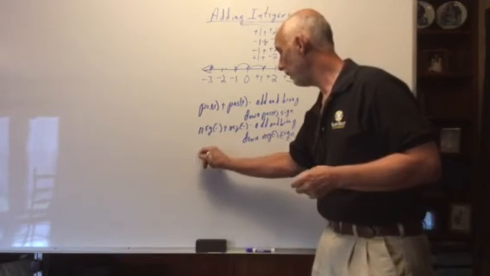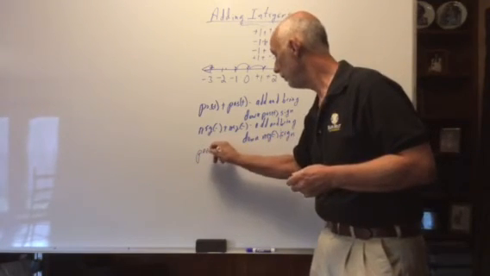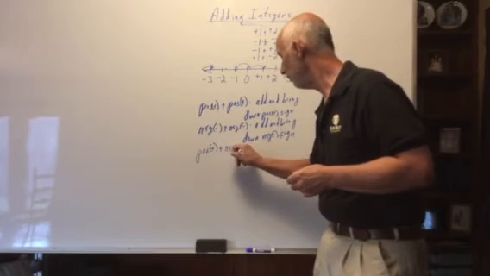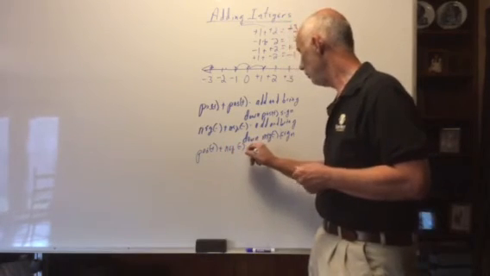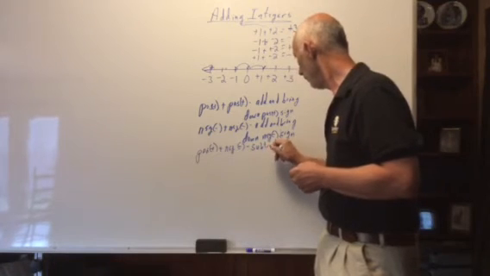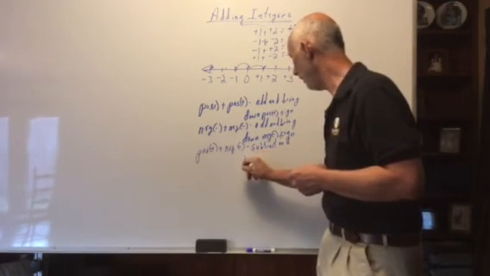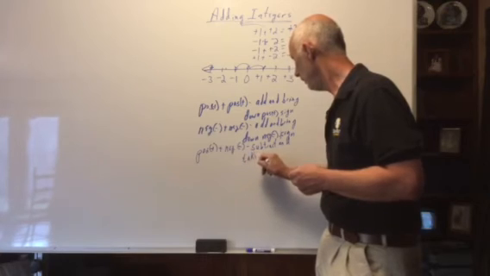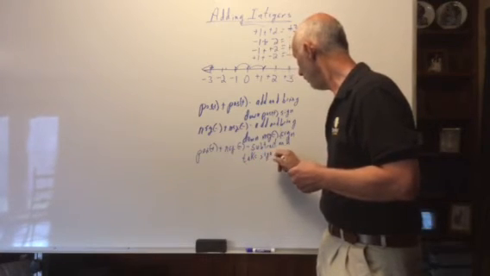The first one could be a positive plus a negative. You subtract and take the sign of the larger amount.